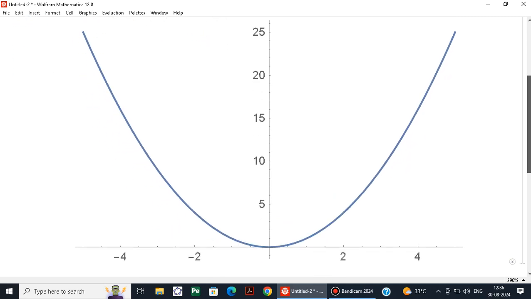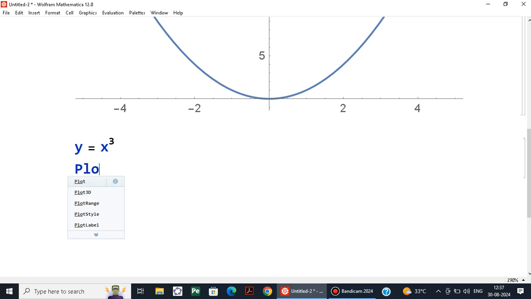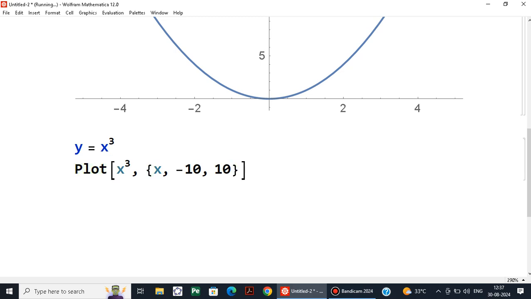Okay, so take another example: y = x cube. To plot x cube, type Plot, then in a curly bracket x, similarly for this graph, close, shift enter.